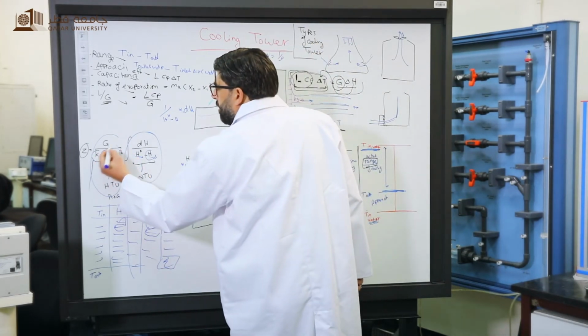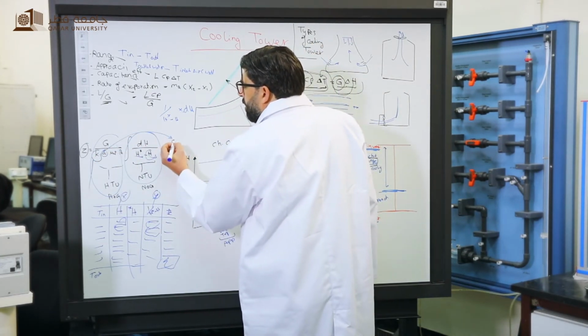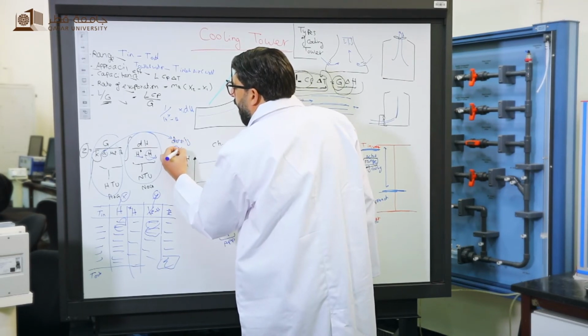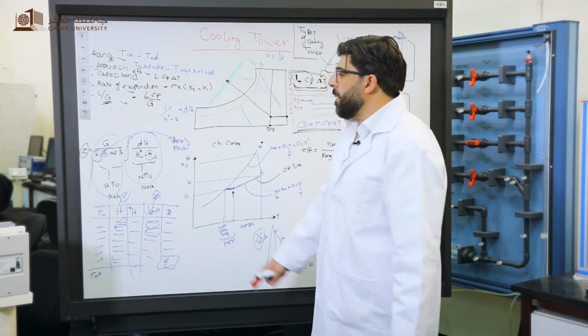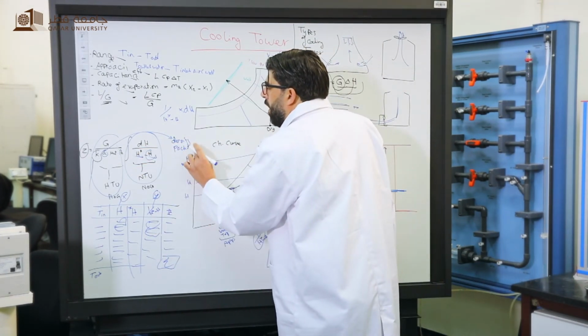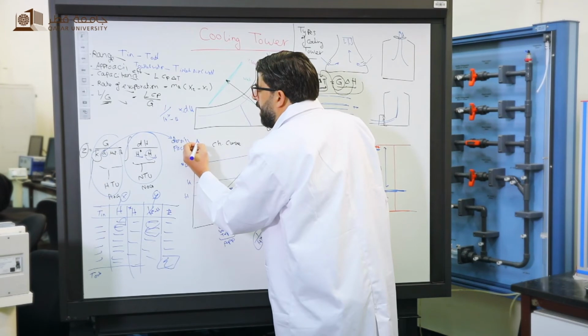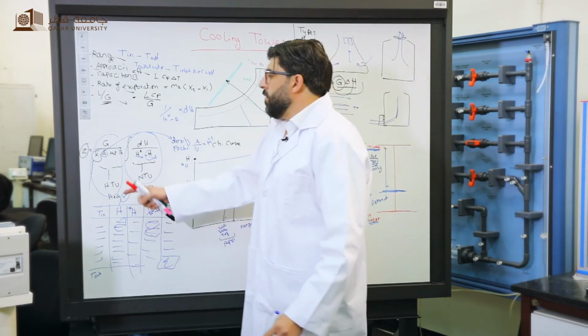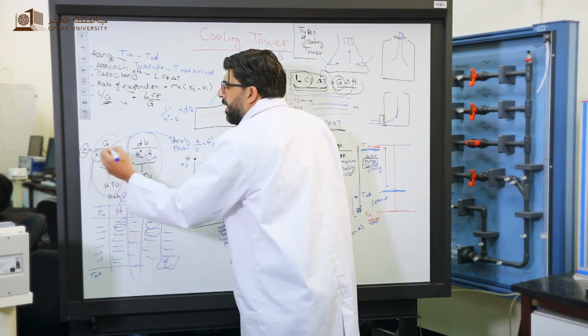The density of the packing is already given. It is equal to the surface area of the packing over the volume of the packing, and its unit is m^-1. So you can find the KOL.